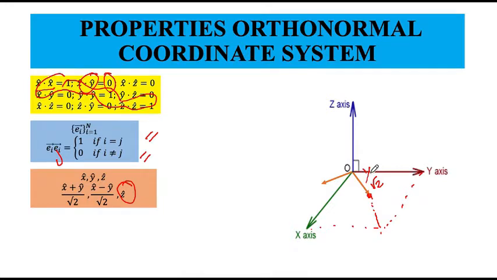Then x hat minus y hat by under root 2: I go backward along y, form the rectangle and then again the diagonal, but again not full length.